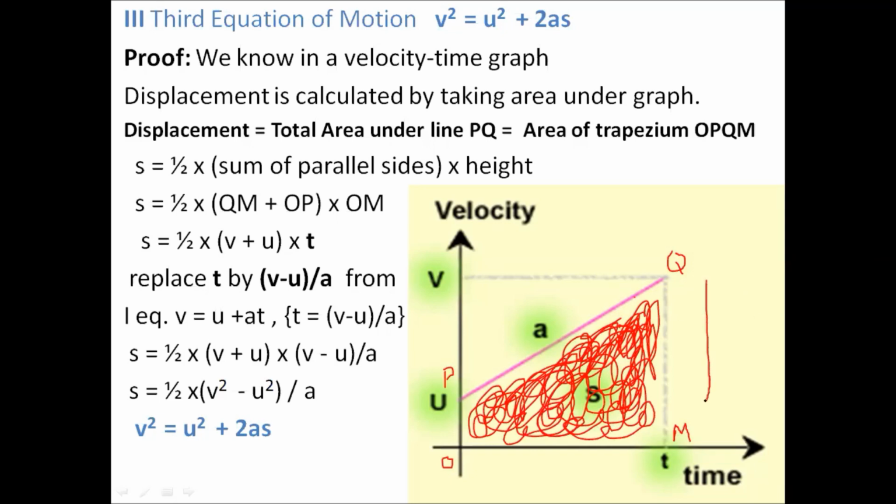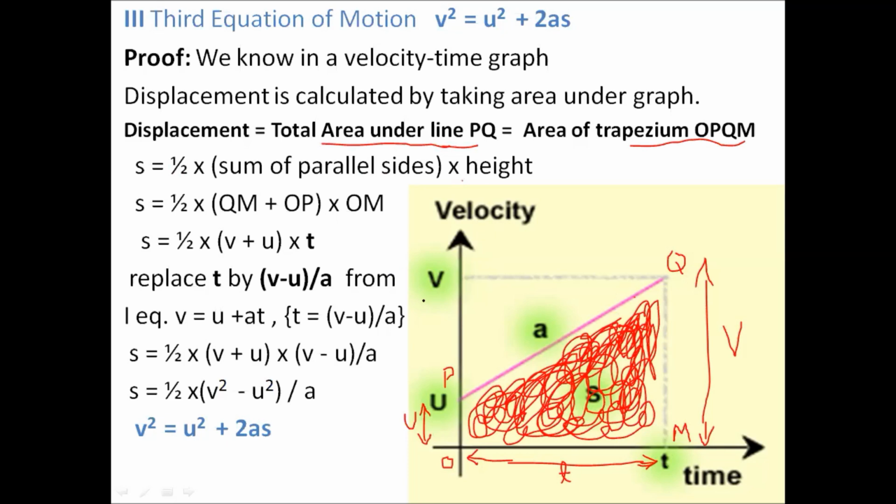We know QM is equal to V, OP is equal to U, OM is equal to T. Thus, we can write displacement equals total area under PQ, that is area of trapezium OPQM. And we know the formula for area of trapezium is half into sum of parallel sides into height.